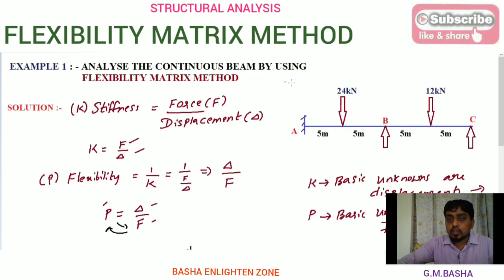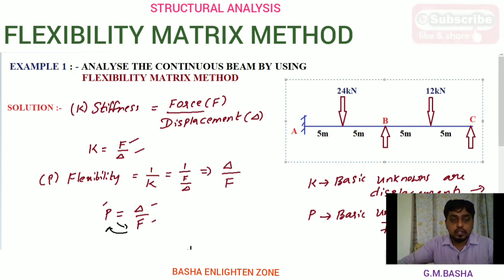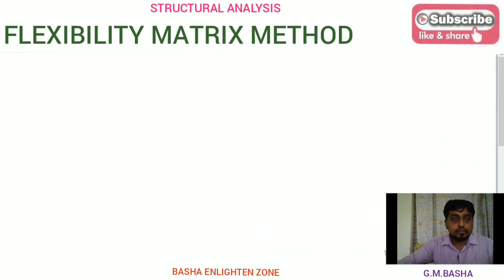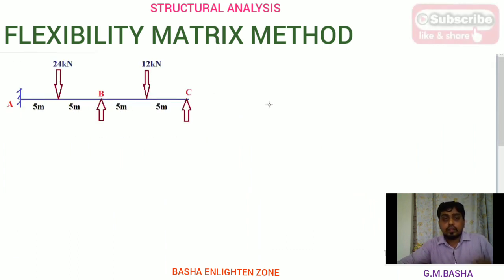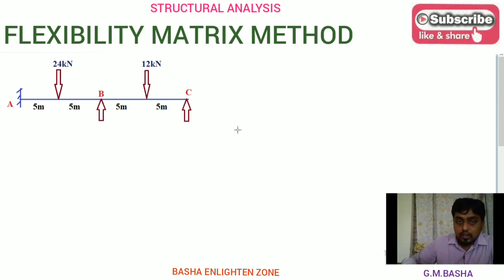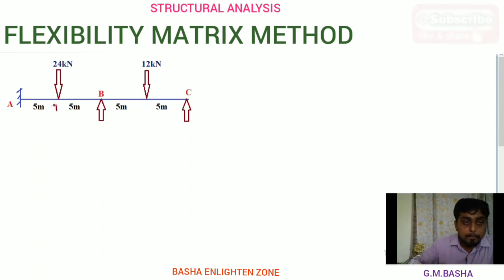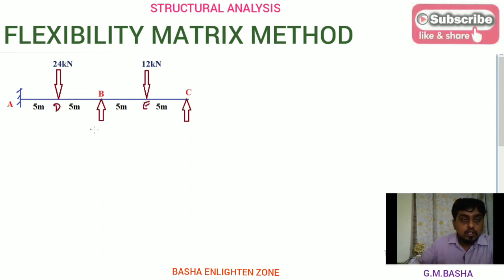Then see the question. So this is your question. Our first step is to find the degree of static indeterminacy. See here A, B, C. This is a continuous beam, this one will be D and this one will be E. What is the degree of static indeterminacy here?